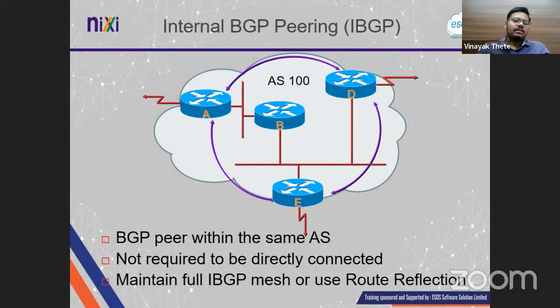Within the same AS there are chances of a loop, so there is a loop prevention algorithm called the split horizon rule in IBGP. To avoid the loop in IBGP, an IBGP peer will not advertise the prefix which is learned from an IBGP peer.